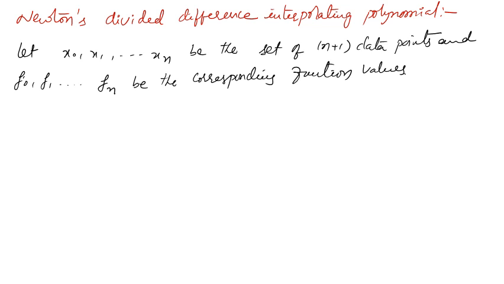One can write like this: f of x0, f of x1 and so on f of xn with the function values. Now let Pn(x) be the interpolating polynomial.